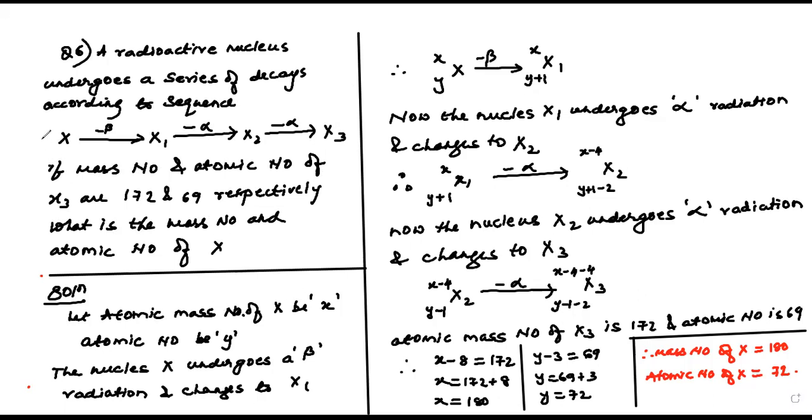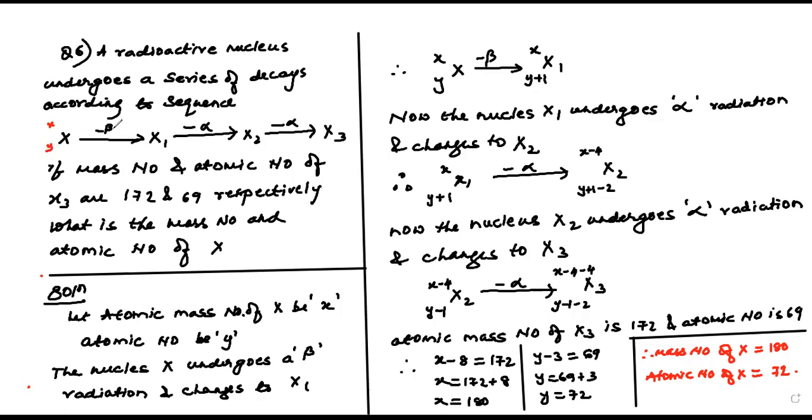See, let the atomic mass number of X be x and atomic number be Y. According to the law of beta radiation, whenever a beta particle is given out, the atomic mass number remains the same, but atomic number increases by 1.